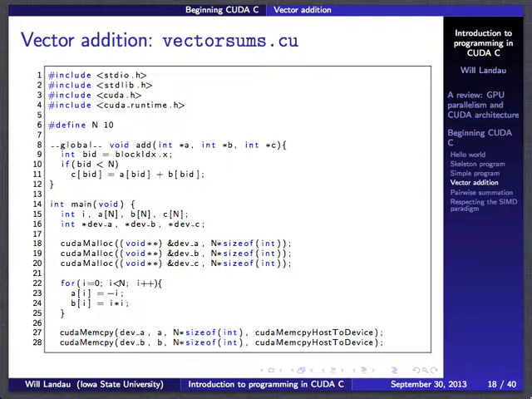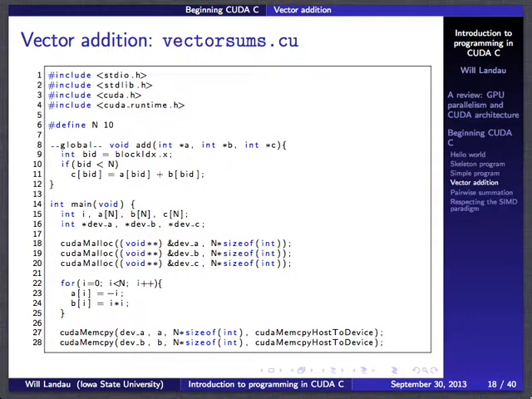So block bid sums the bid-th element of a with the bid-th element of b and stores it in the bid-th element of c. And all of the elements of c get summed up simultaneously because these blocks execute simultaneously.